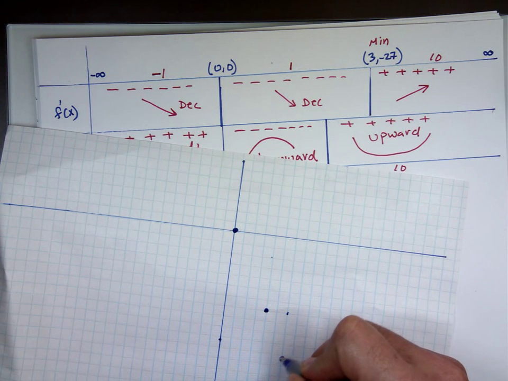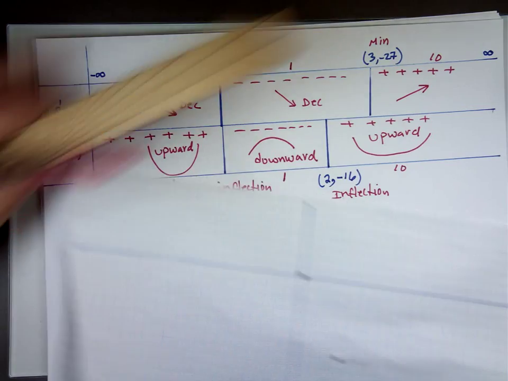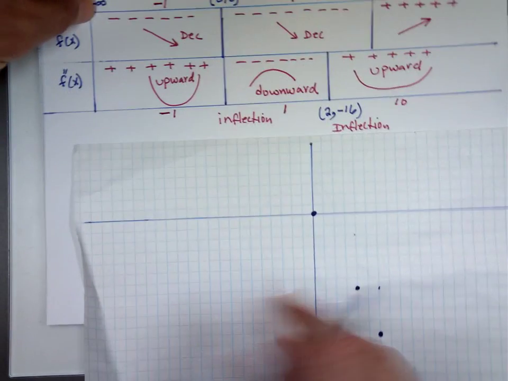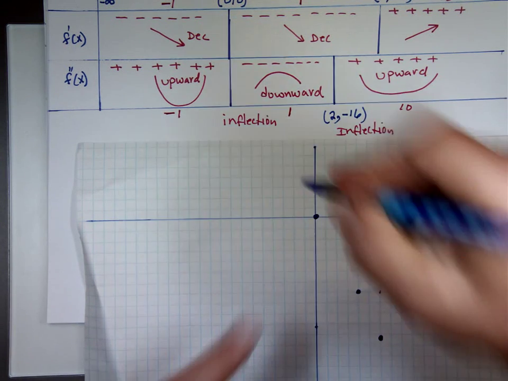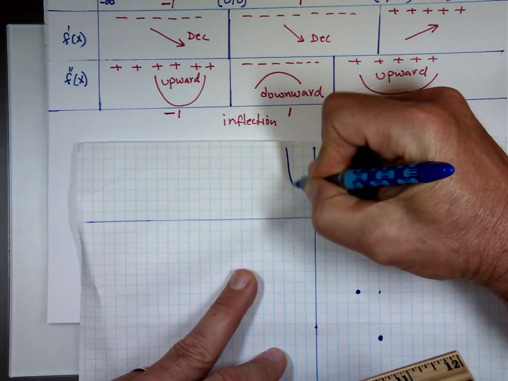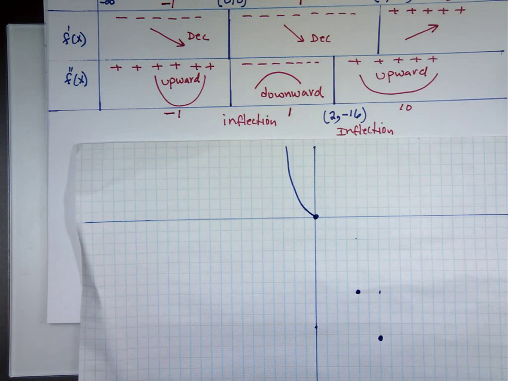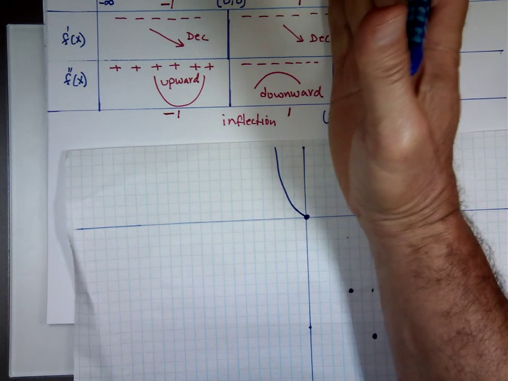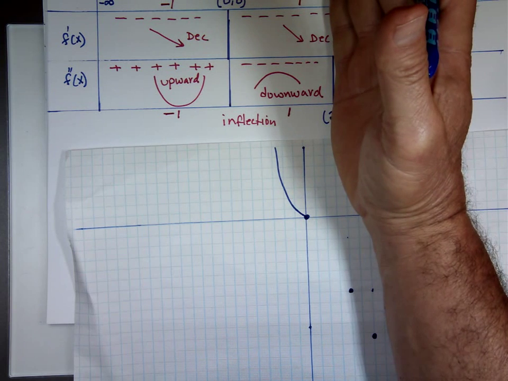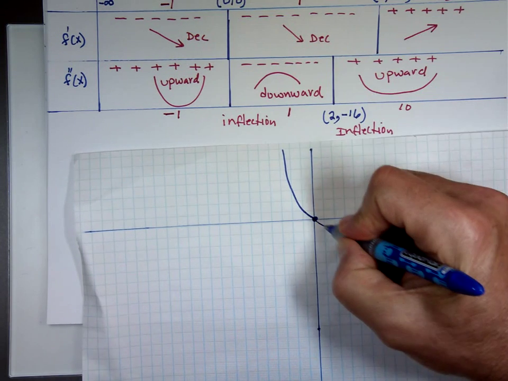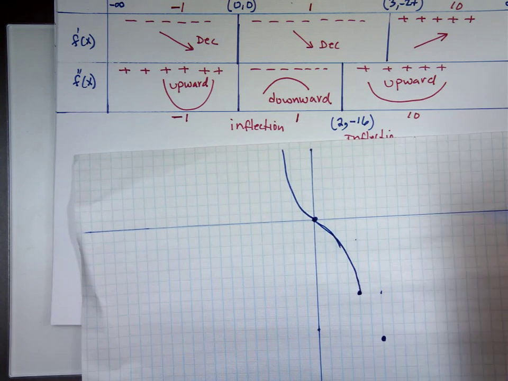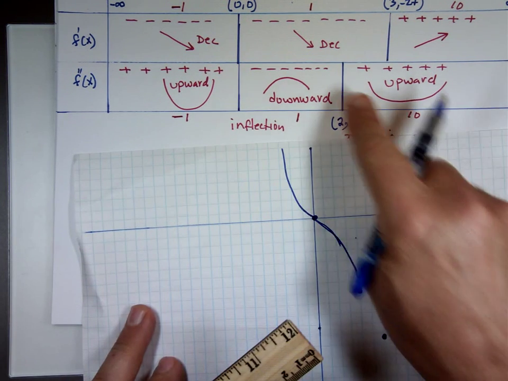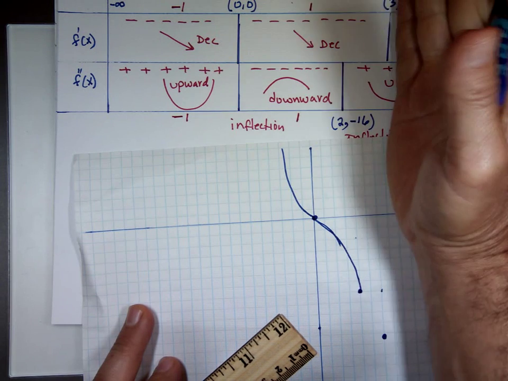So let's see what's going on here. Before I hit the 0, it's decreasing, it's concave upward. Between this value and this value, it's decreasing but concave which way now? Downward. Between this line and this line, it's still decreasing but it's concave which way?